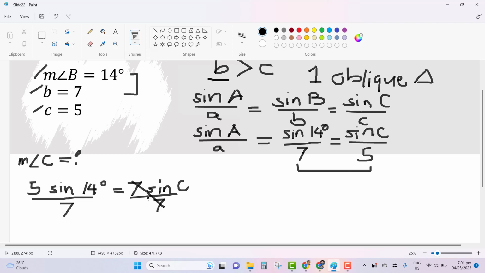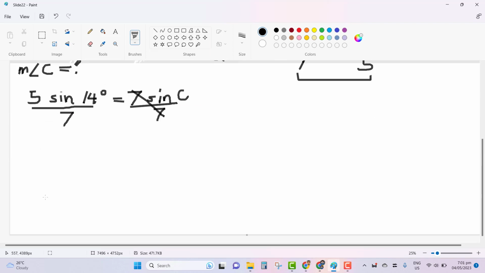Or if you are already a master of the properties of proportion, you may not multiply 7 here, but just to illustrate the fundamental law of proportion, we have this. So sine C can be computed as the result when 5 is multiplied by sine 14 degrees, all over 7.